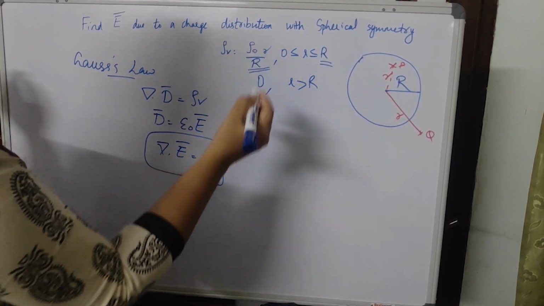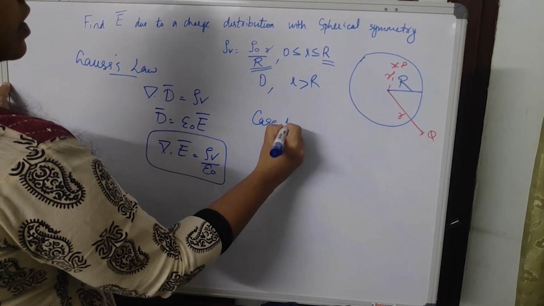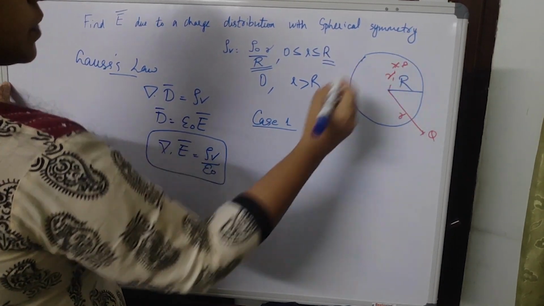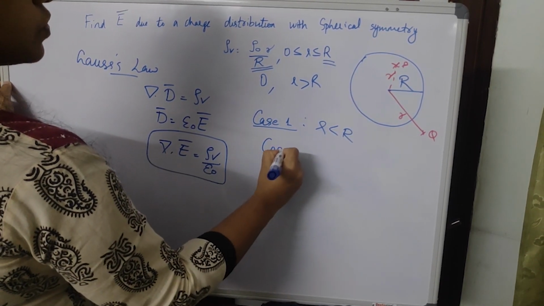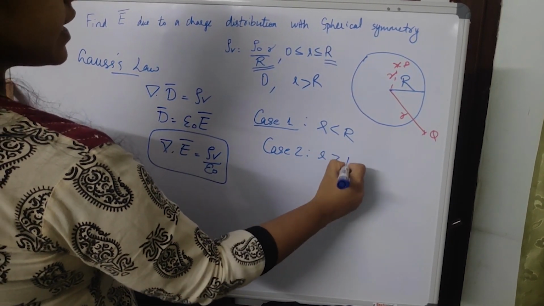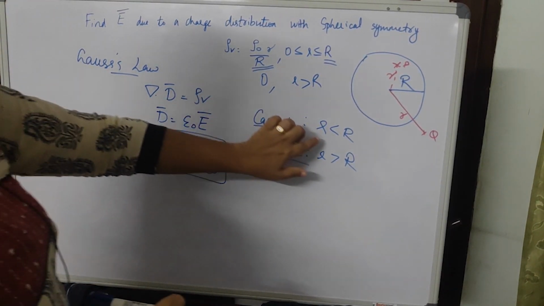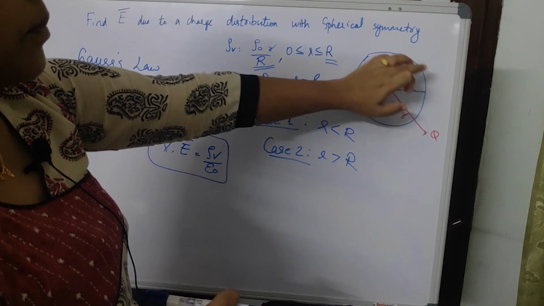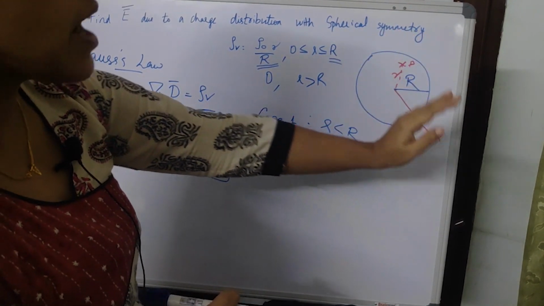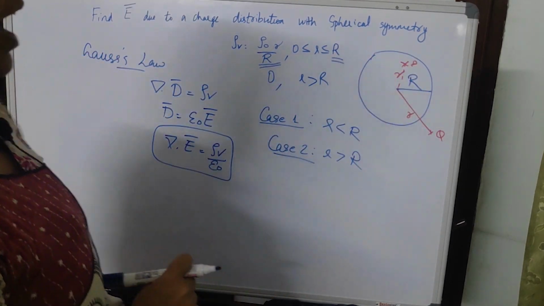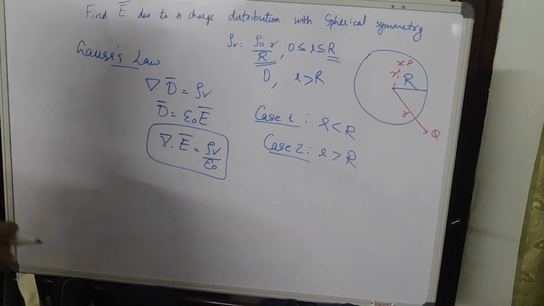So it has two conditions: case 1 is when r is less than R, that is, when the point is within that sphere of radius R, and case 2 is when r is greater than R, when the point is outside. So we take them separately and apply Gauss law.